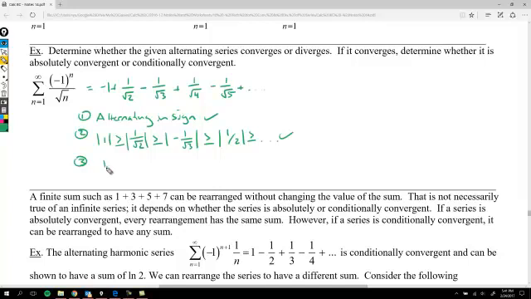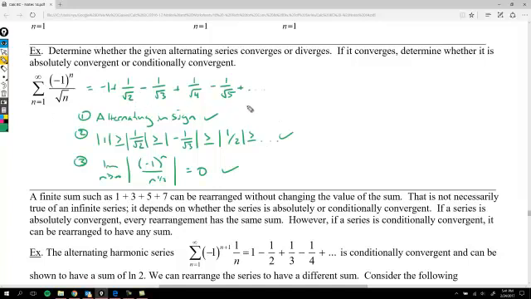And if I evaluate the limit to infinity of the absolute value of my function, so this is n to the 1/2, you do get 0, so that's a check mark. So this alternating series is convergent.